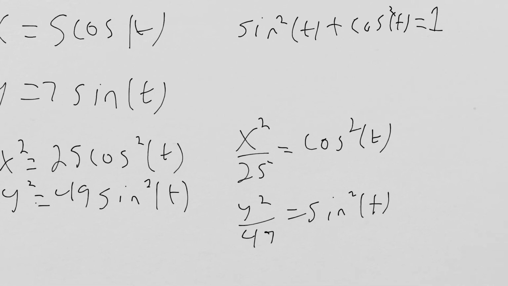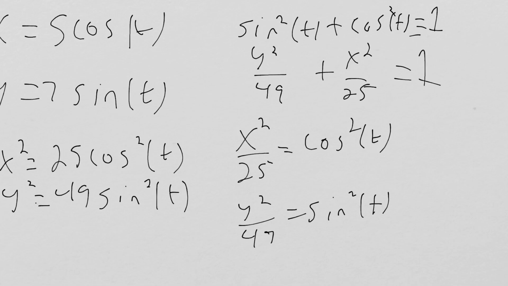So now we have cosine squared, we have sine squared. We can just add them together and get 1. So we have y squared over 49, that's sine squared, plus x squared over 25, that's cosine squared, and that's equal to 1. We have x's, we have y's, we have it all in one equation, so this is our Cartesian form of that parametric equation we started with.